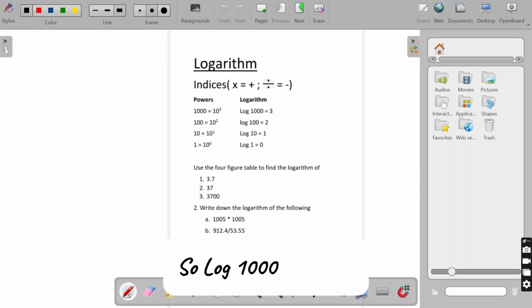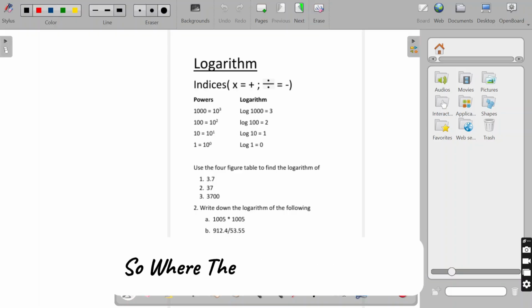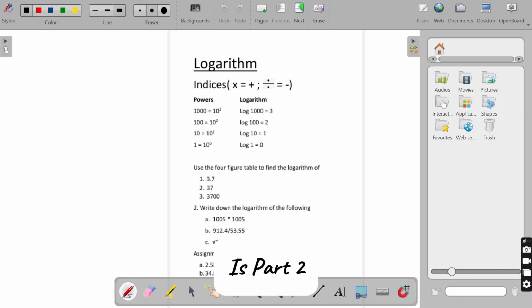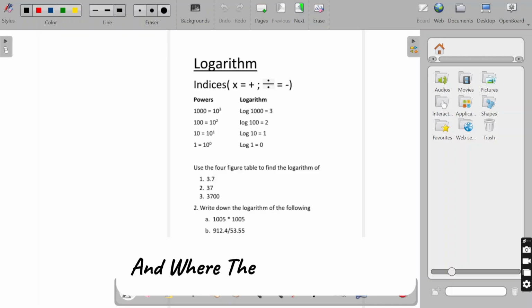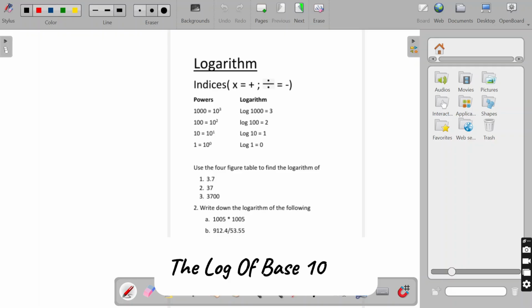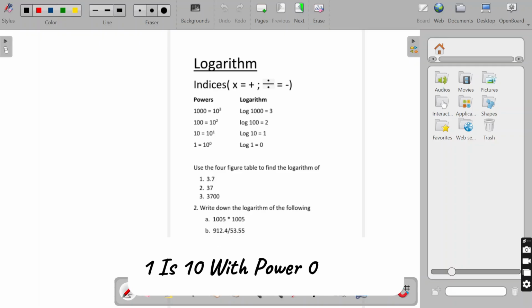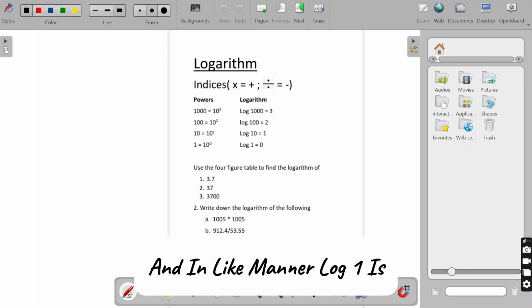So log 1000 is 3. That's more like the reverse of the power. 100 is 10 raised to the power 2, so log 100 is 2. 10 is 10 raised to the power 1, so log 10 is 1. And 1 is 10 raised to the power 0, since any number raised to the power 0 is 1, and in like manner, log 1 is 0.